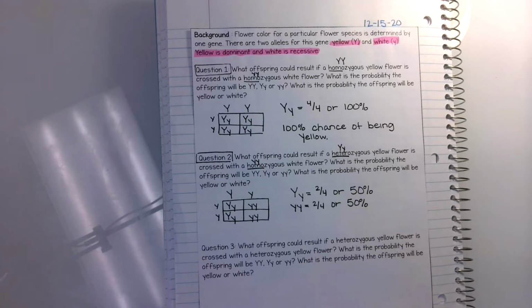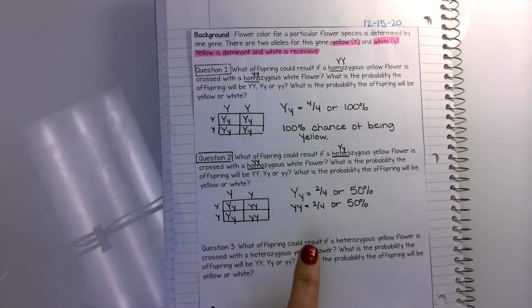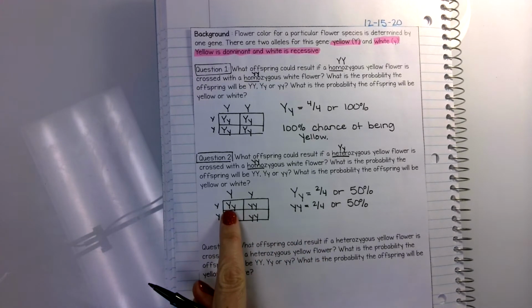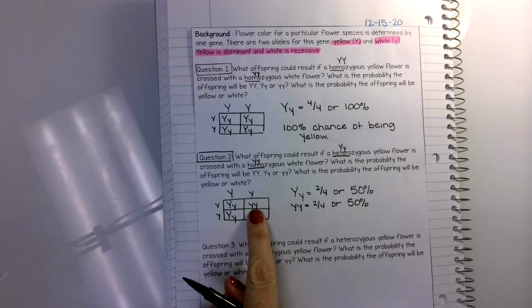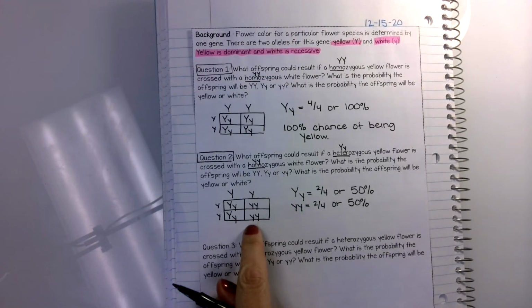Okay, all right, so let's look at our chance of being yellow or white. So what's the chance of it being yellow? So we're going to look at where our dominant genes are, because that's the dominant color. So we have 2 capital ones. This one doesn't have capital, so these ones would be white flowers because they have 2 of the recessives.